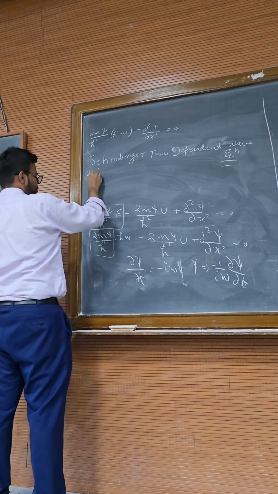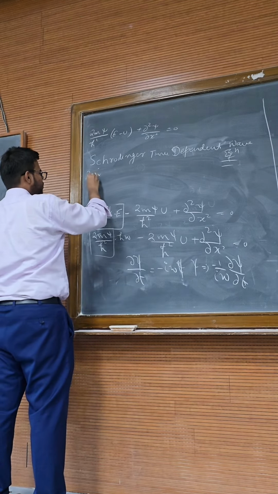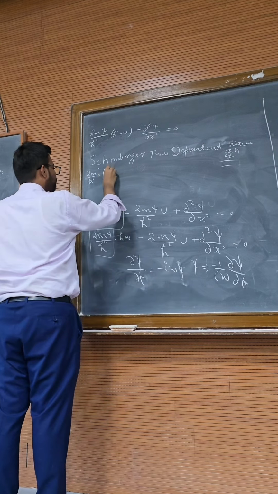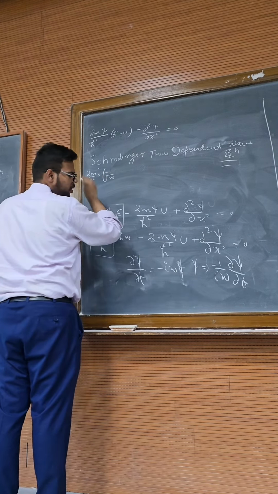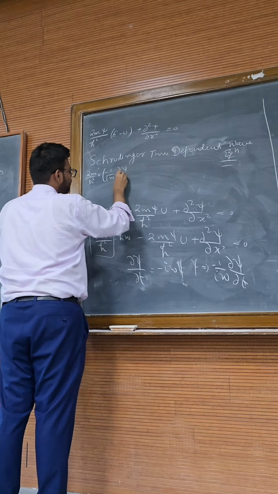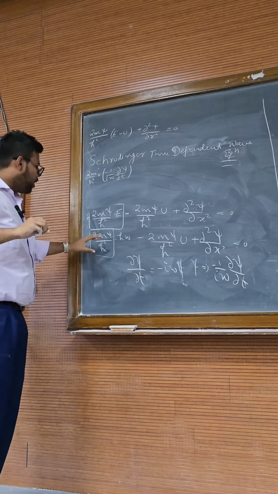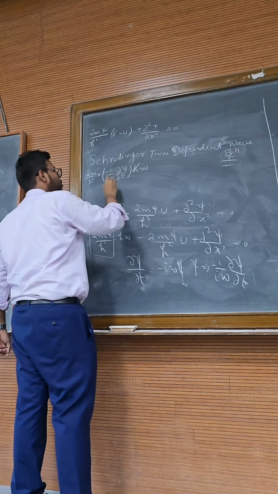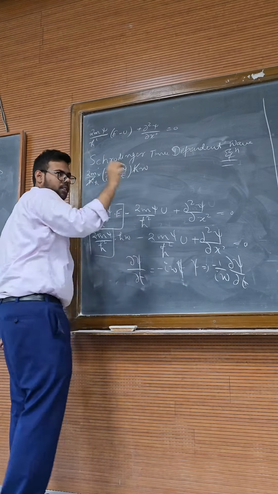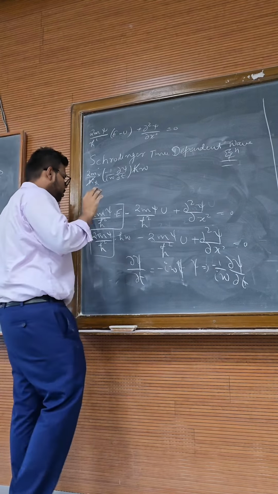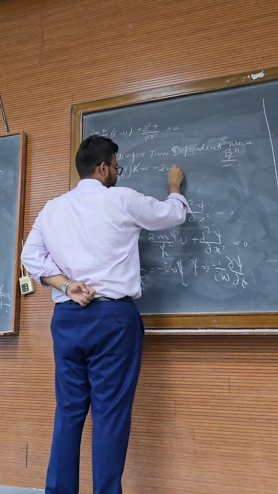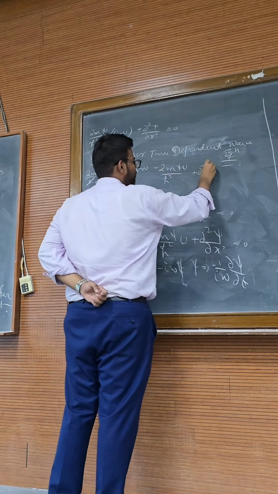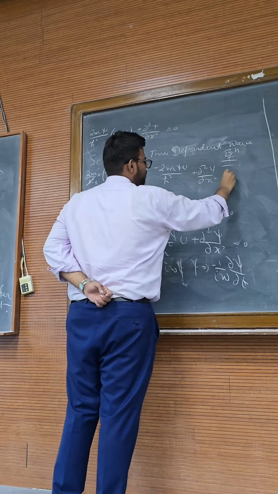So you get 2m by ħ² into negative 1 upon iω into ∂ψ/∂t, right? You got this thing. And from this there was a multiplication term ħω, so you cancel this with this one. And from this now you get negative 2mψU by ħ² plus ∂²ψ/∂x² is equal to 0, right?